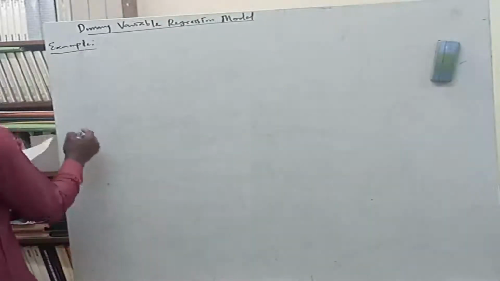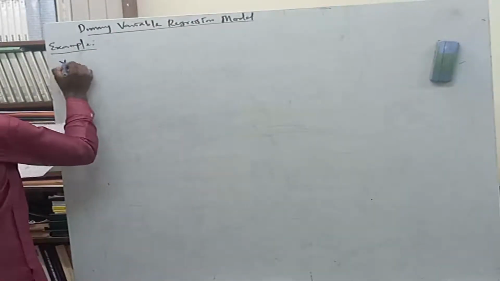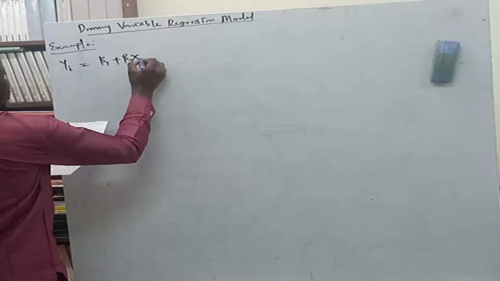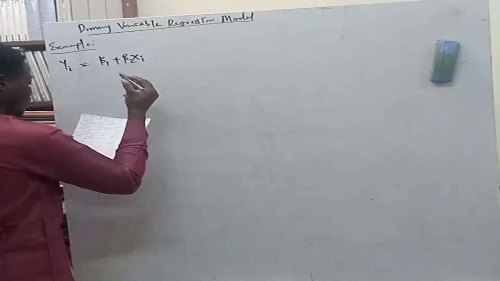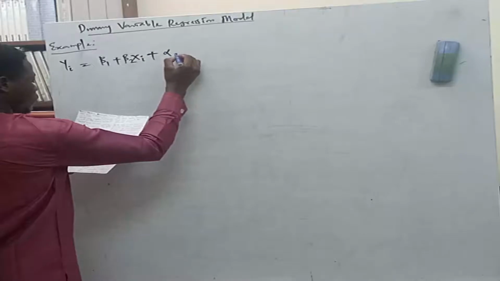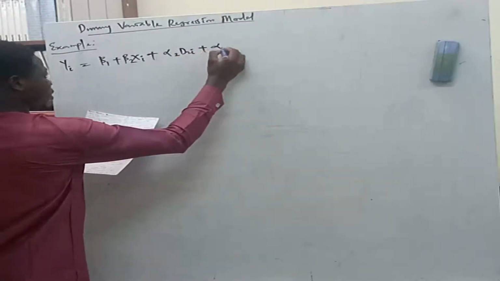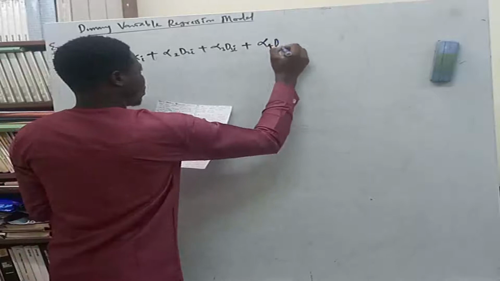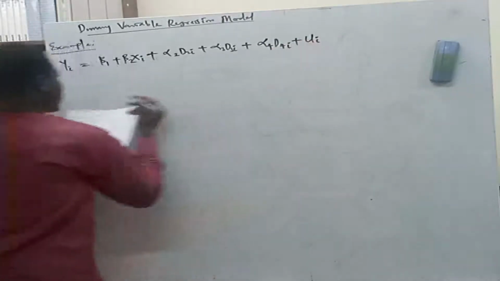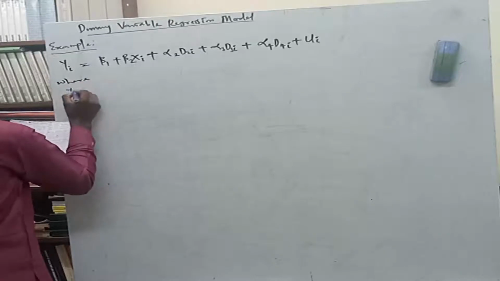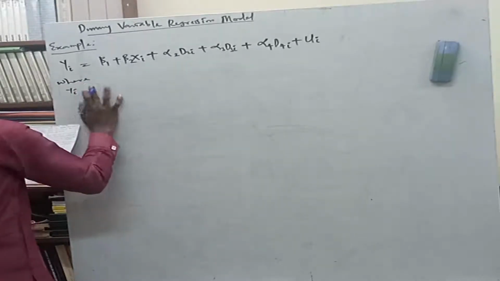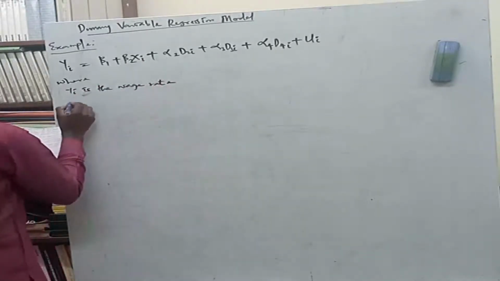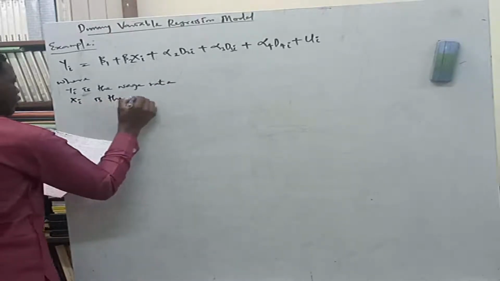So our regression model will look like Yi equals beta 1 plus beta 2 Xi, where X is the years of experience, plus alpha 2 D2i plus alpha 3 D3i plus alpha 4 D4i plus ui, where Yi is the wage rate, Xi is the years of experience.